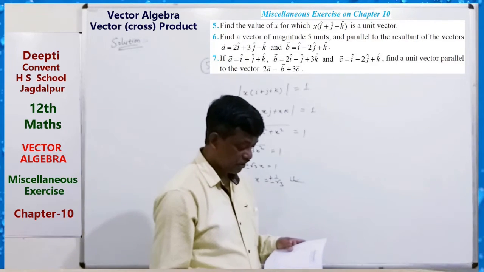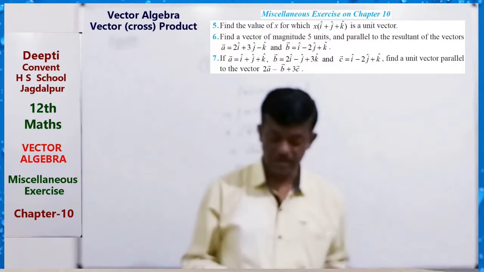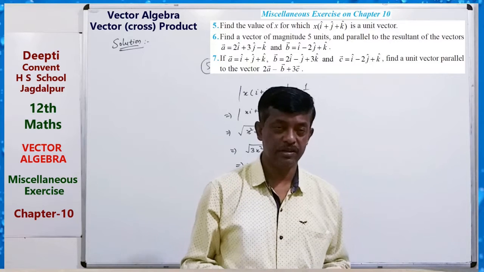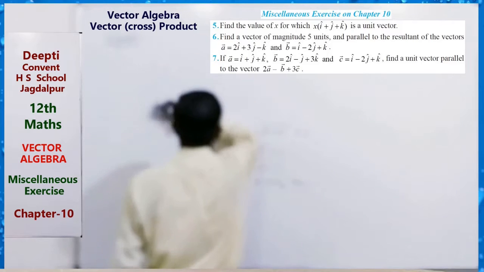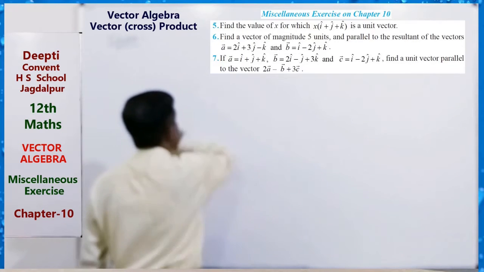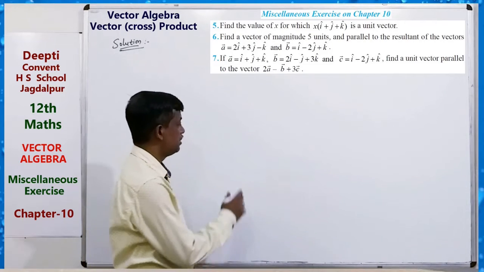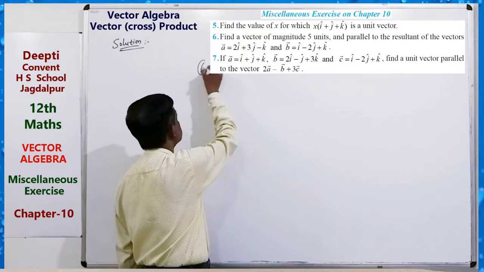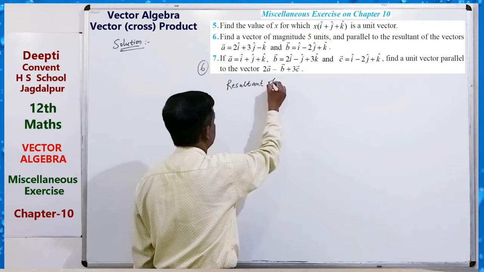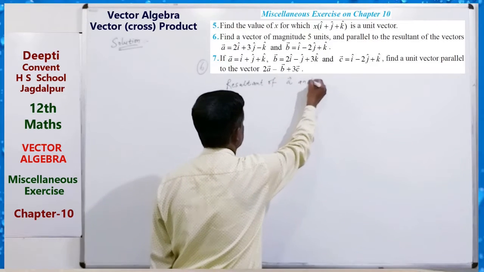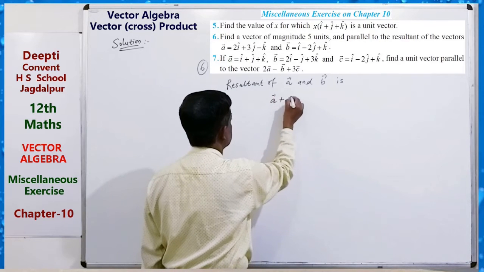6th question. Find a vector of magnitude 5 units and parallel to the resultant of vectors a and b. Here, resultant means: if we have two vectors a and b, then the resultant is given by their sum, a plus b.